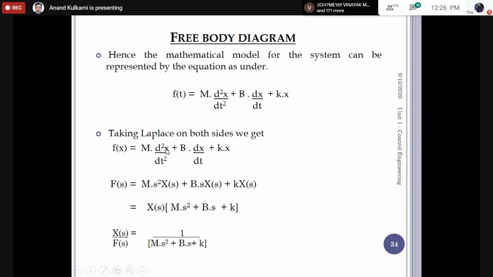Similarly, Laplace transform of m d square x by dt square, that means double differentiation of x. If you take a Laplace transform, this becomes m into s square X of s. I have explained it in the previous class. Single differentiation means s into X of s. Double differentiation means s square. Triple means s cube, and so on.